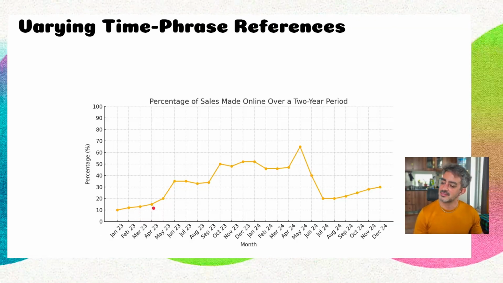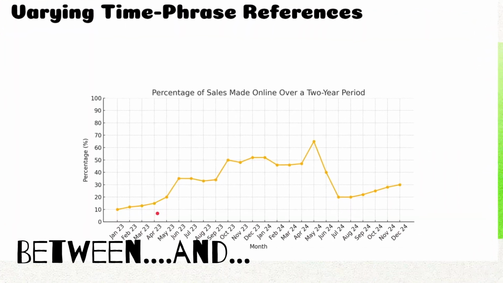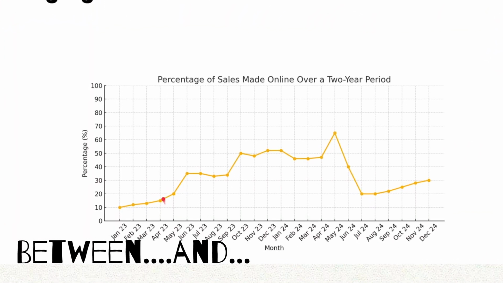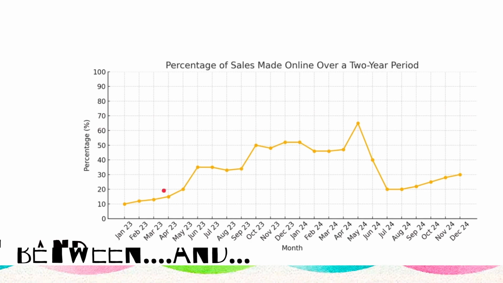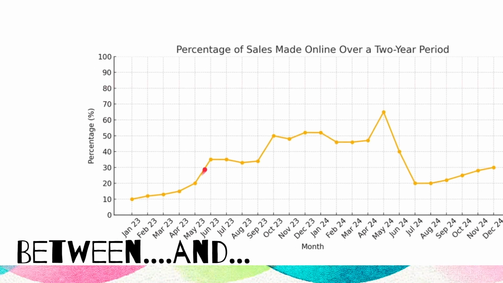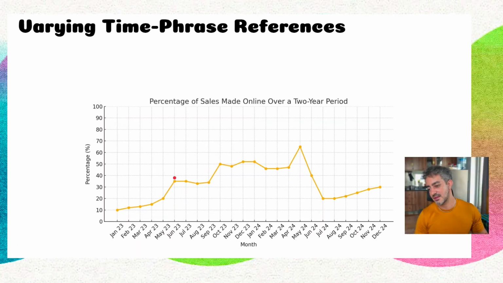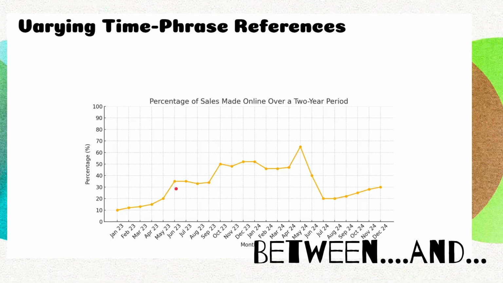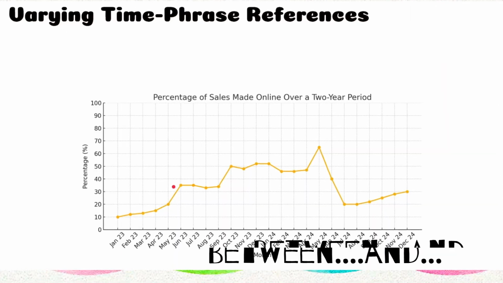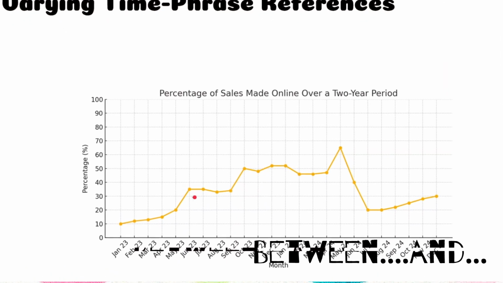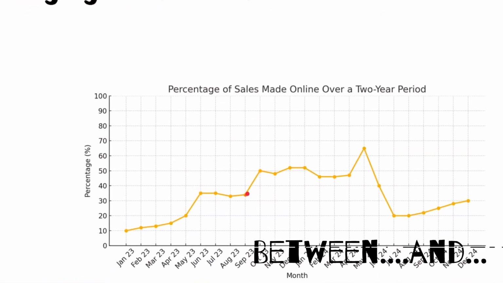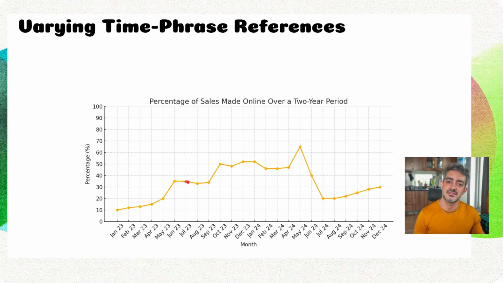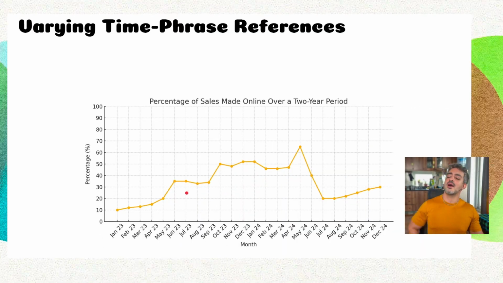Am I going to continue to say between April 2023 and June 2023, sales rose rapidly? Between June 2023 and August or September 2023, sales dipped slightly.